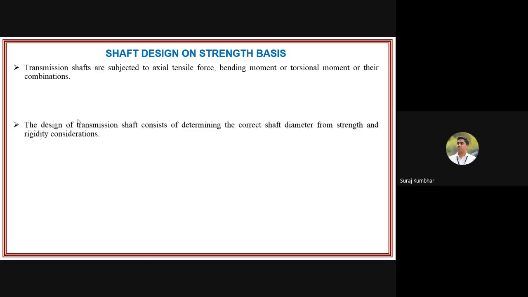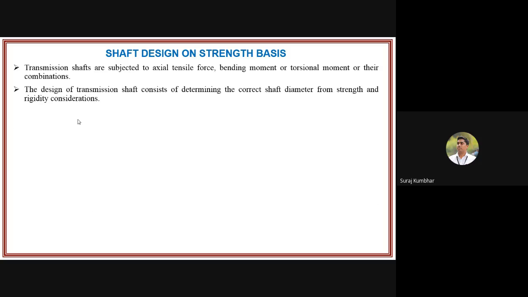The design of a transmission shaft consists of determining the correct shaft diameter from strength and rigidity considerations. The most important point in shaft design is to determine the correct shaft diameter.